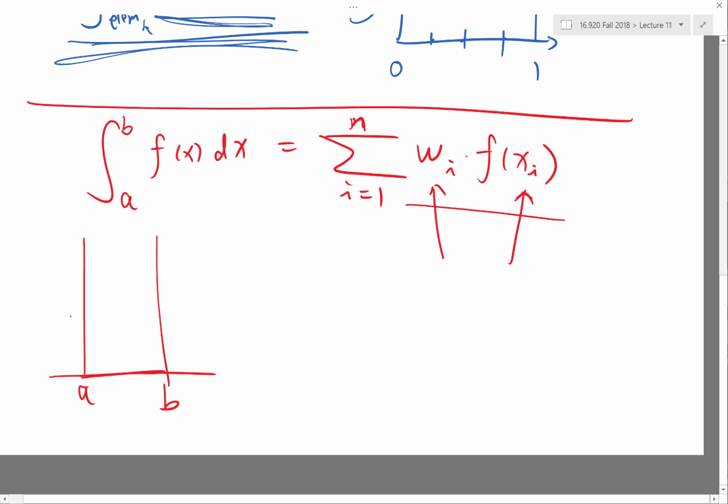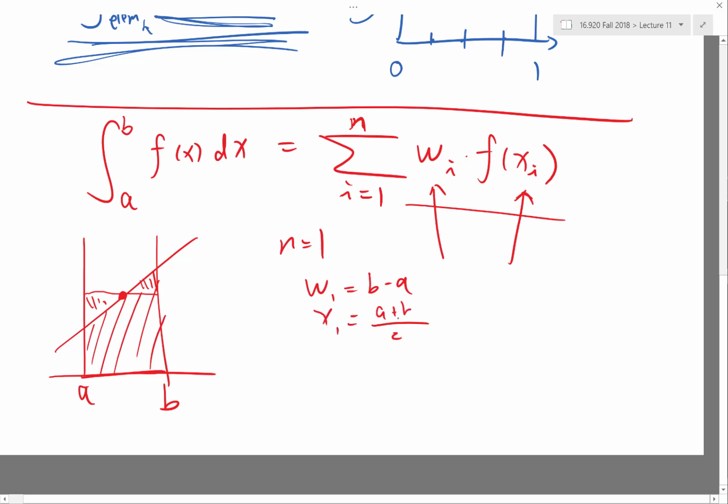But now, if I have a linear function, the only place I can get the integral right is to choose the center, because this cancels with that. So when n is equal to 1, I know my w1 has to be b minus a, and x1 has to be half of a plus b. That's the Gauss Quadrature, 1-point Gauss Quadrature.